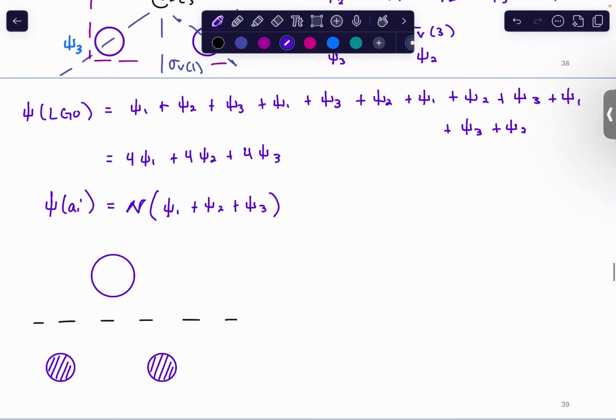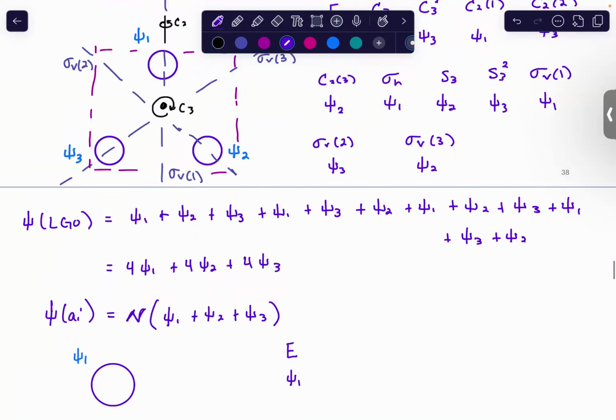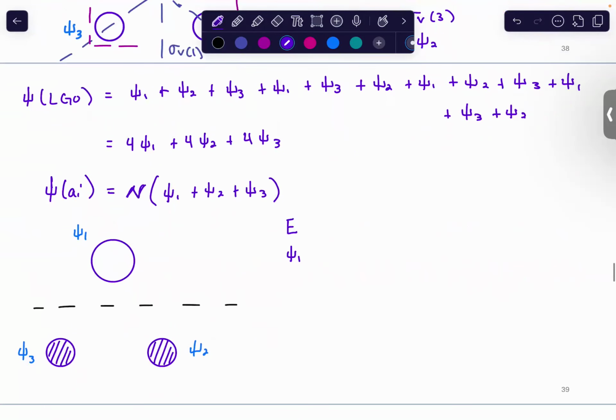Okay, so again, you have all the same symmetry operations. So your E, psi 1 stays psi 1. For your C3, now this is where psi 1 becomes a negative psi 2.